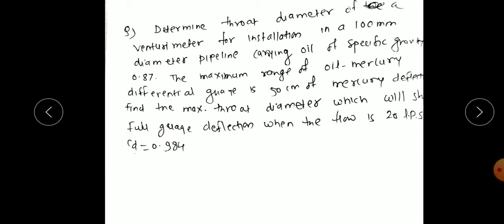Second numerical: we have to determine the throat diameter D2 for a venturimeter installation in a 100 mm diameter pipeline. So D1, the inlet diameter, is 100 mm, carrying oil of specific gravity 0.87. The maximum range of the oil-mercury differential gauge is 50 centimeter of mercury.